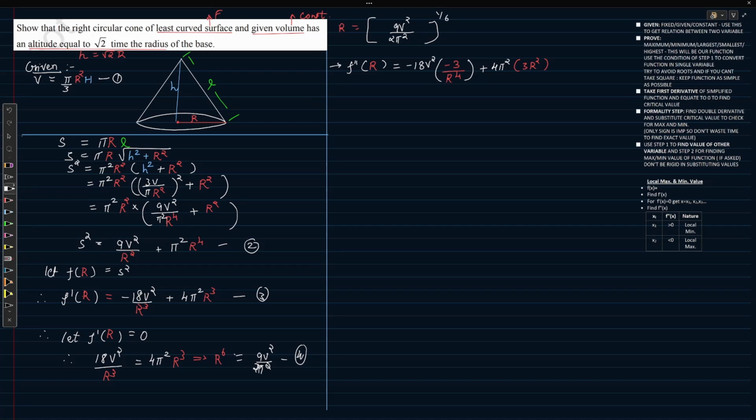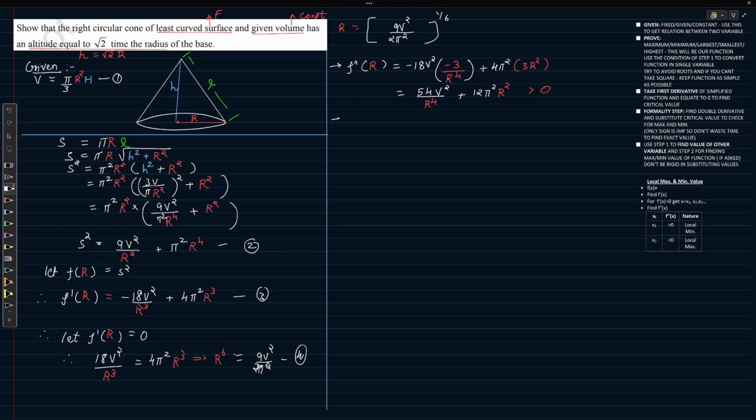Hence double differentiation is 18 into 3, that is 54 v square upon r raised to 4, plus 4 into 3, that is 12 pi square r raised to 2. R is positive, both the terms are positive, so the overall value will be greater than 0.